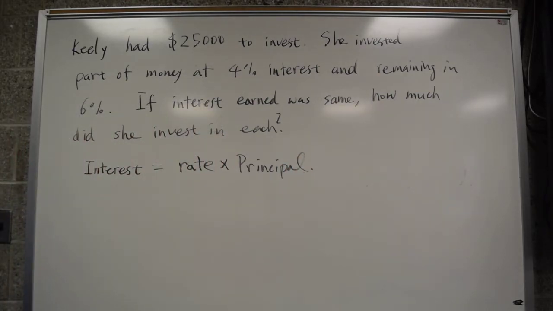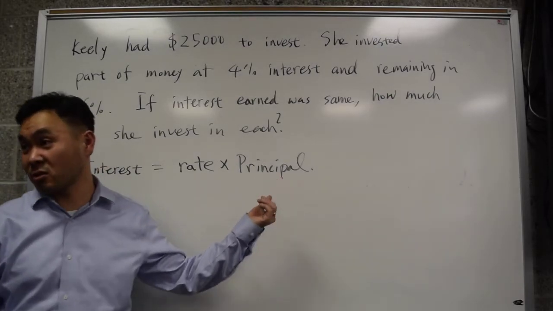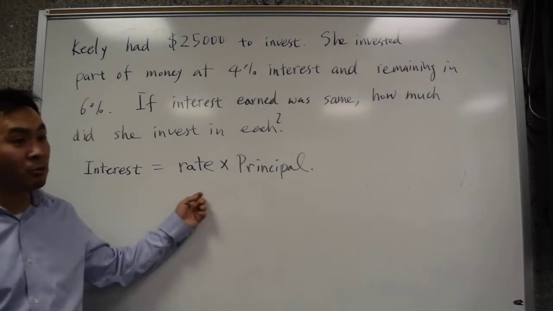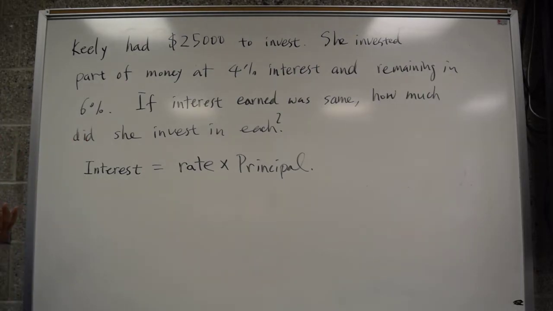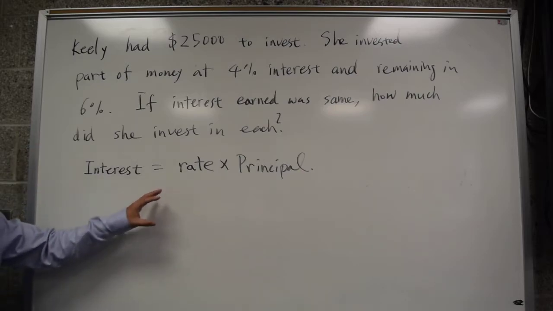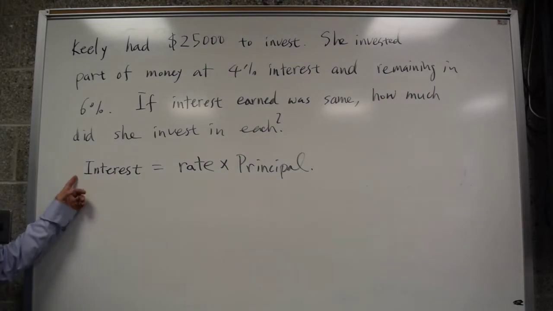So if the rate was 4% and the principal was $10,000, multiplying 0.04 times 10,000 will give you $400 interest. That's how much the bank will pay you. Let's say you put the money in the bank for 1 year and the APY was 4%. Okay, so that's the important part.